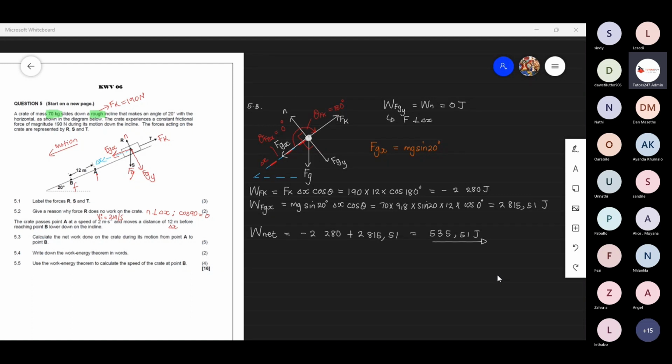So displacement is basically the direction of your motion, and always remember that frictional force is in the opposite direction to motion. If the object is going up the incline, friction will act down the incline. If the object is going down the incline, friction will act up the incline. So friction is opposite to displacement and opposite to motion. Displacement is in the same direction as motion.